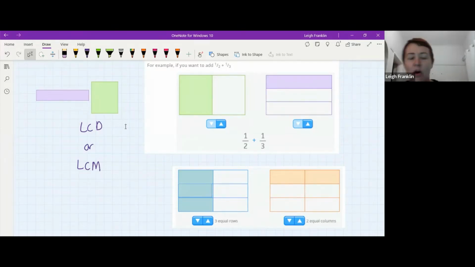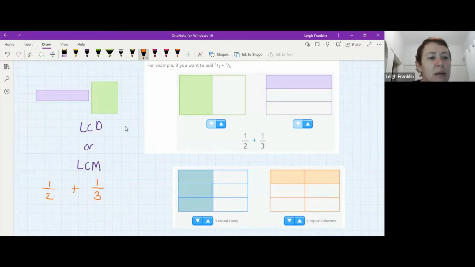So in the case of a half plus a third, what we are doing here is we are choosing a number that is both a multiple of 2 and a multiple of 3. That's why we call it a lowest common denominator or lowest common multiple. So we look at our 2 times table and we look at our 3 times table.